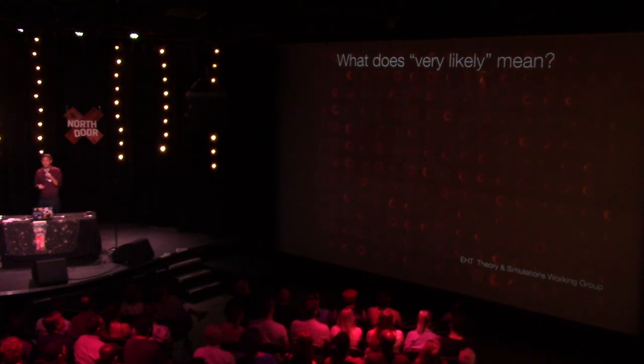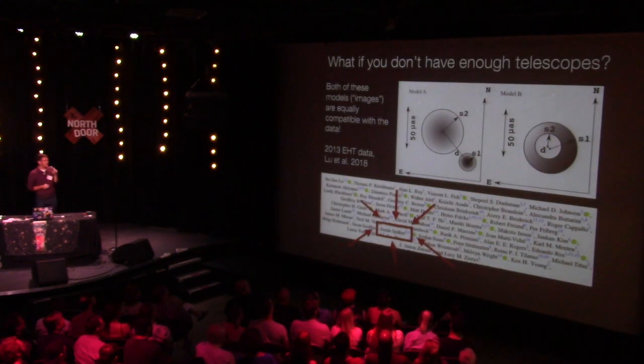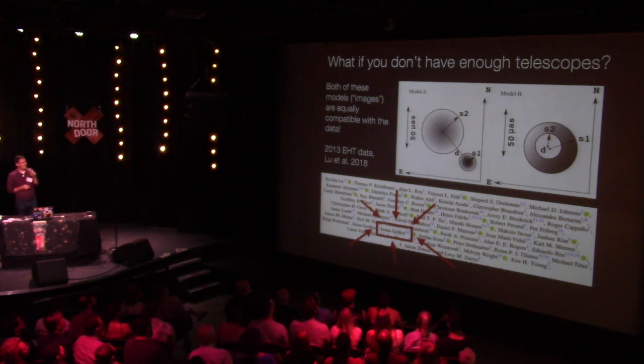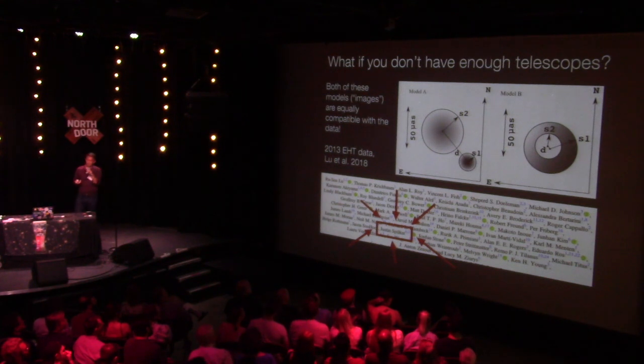So what happens if you don't have enough telescopes? Well, you get something like this. So I actually observed the EHT back in 2013. We only had 4 stations at that time. Now we have 7. And literally we could not tell the difference with the data that we had between 2 blobs and an actual shadow of a black hole. And so there was nothing that we could really do about that.